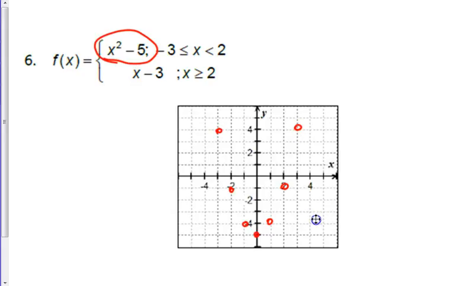You could graph it on your calculator, come up with a whole bunch of points. What am I going to do with this, though? I only need the pieces that go between -3, so it can't go beyond -3. Solid or dotted at -3? Solid, or open, I should say. And then at 2, I erase everything past 2. And at 2, it's open because it doesn't have the or equal to.